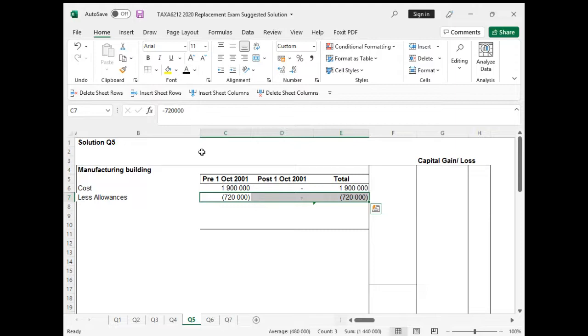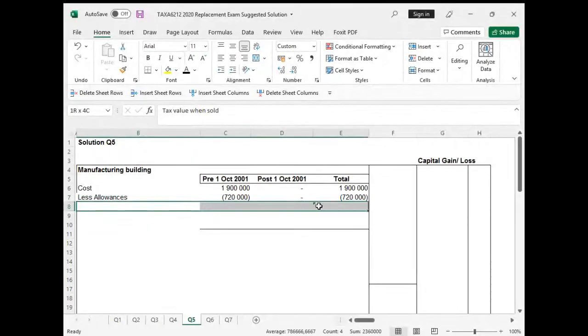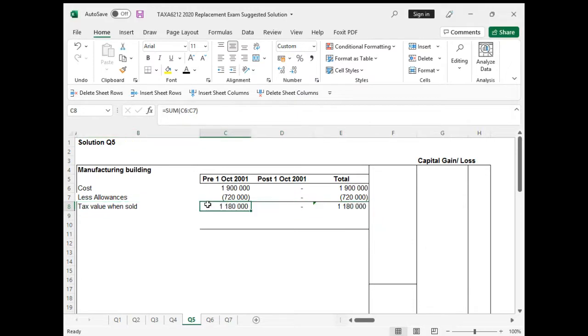So they have given us the allowances we have already claimed, which means our tax value when we sold it was 1.18 million, at the date we sold it.